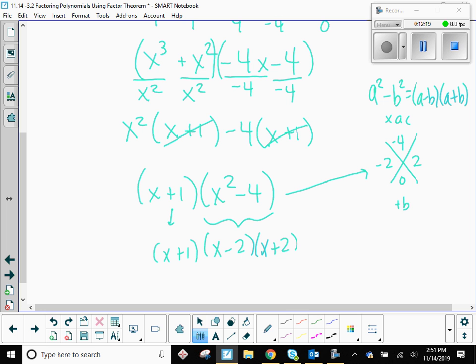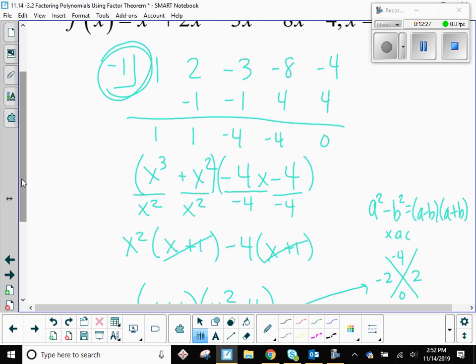In a second I will, because I have another x plus 1. Where am I going to get it from? The 0 up here. So the 0 is negative 1. That means its factor was x plus 1. Okay? So bring that down.